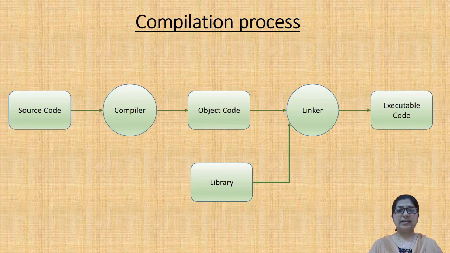That obj file will pass to the linker. Linker will link some files which are known as header files or .h files. At last, that linker will generate executable code of the same program which is known as .exe file.